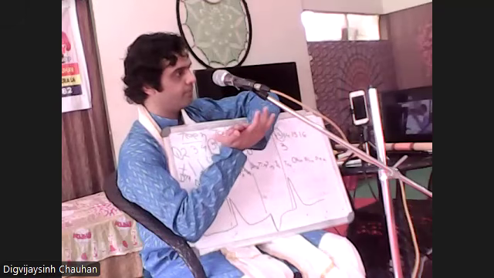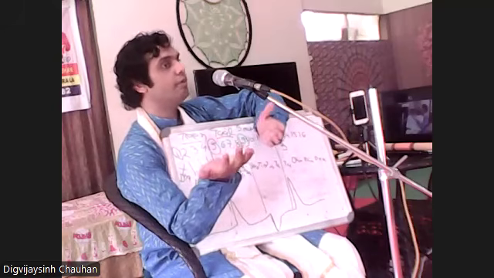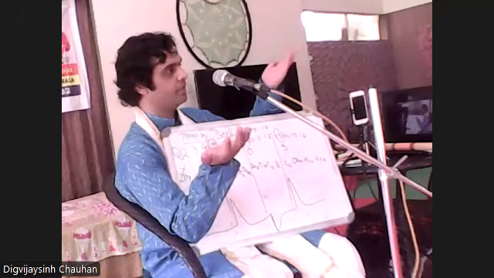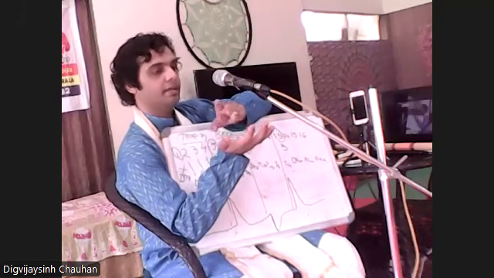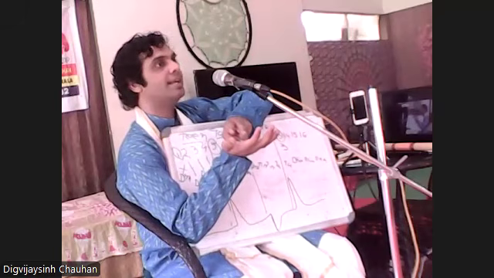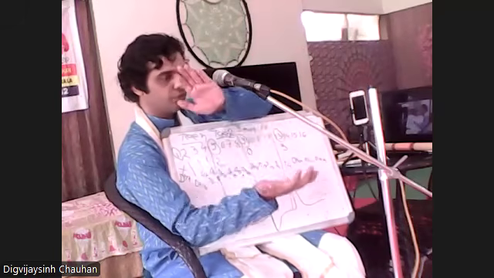So 5, 6, 7, 8. Division close, new division first beat is a khali. Khali means having no weightage. So we do like this, khali, open. So 9, 10, 11, 12. Division close, and the last division is again tali. So 13, 14, 15, 16.